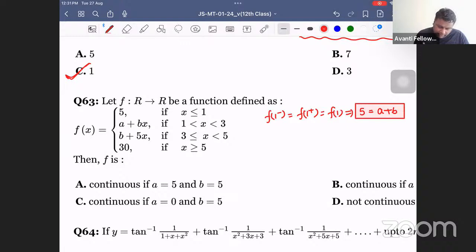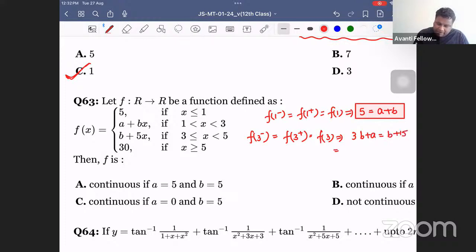Got it? Now, f(3 minus) should be equal to f(3 plus) should be equal to f(3). That means f(3 minus) is what? 3b plus a, and f(3 plus) will be b plus 50.